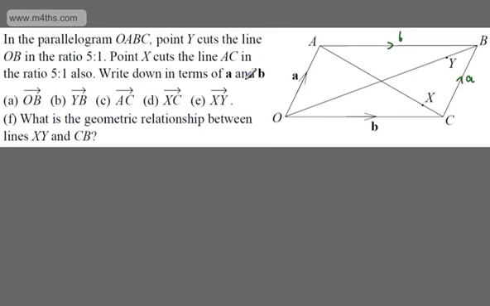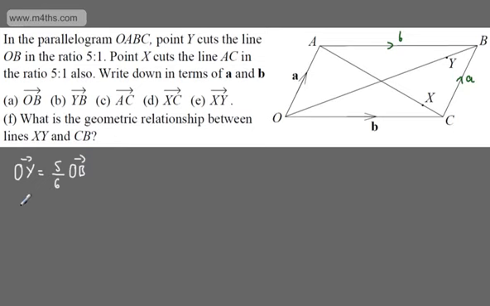So let's consider what we've got right here. What I can say from this now is the following. I've got O to Y and this now is in a ratio of 5 to 1. So I can say the following. I can say that the vector OY will be equal to 5/6 now of the vector OB. It's 5/6 of the way there.